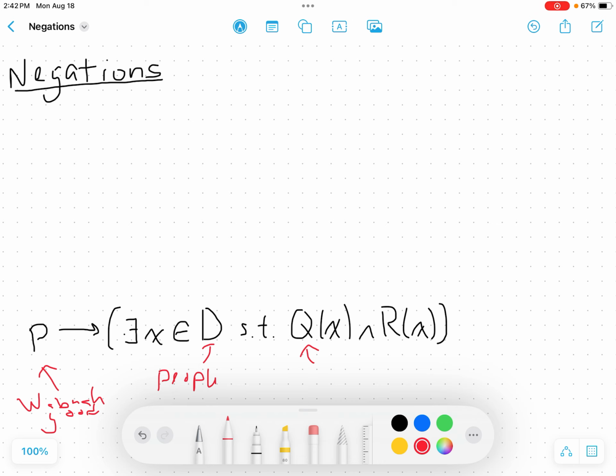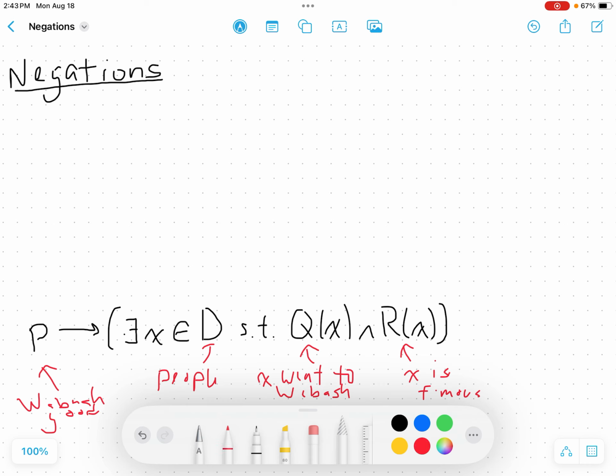Q of X maybe is X went to Wabash, and R of X means X is famous. So this whole statement might translate to something like, if Wabash is a good school, then there is somebody who went to Wabash and is famous.